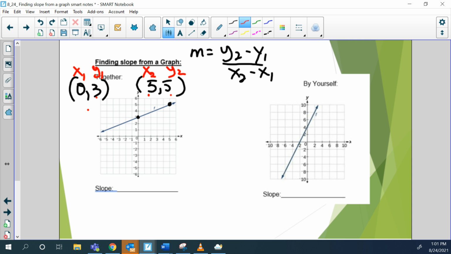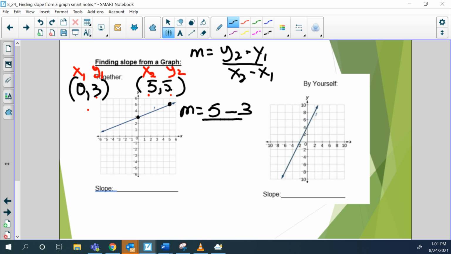So now I have my x1, y1, and x2, y2 identified. My next step now is to substitute those numbers into the equation. So that's going to give me m is going to equal my y2. My y2 from here is going to be 5 right here, minus my y1, which is 3.